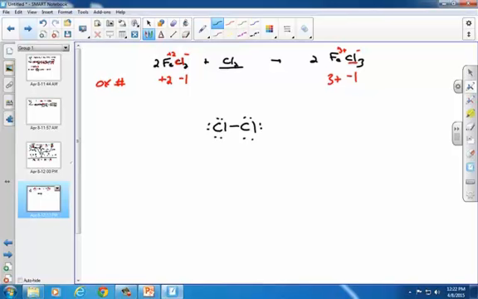So then, in this case, since the elements sharing have the same electronegativity, when I assign the electrons, I have to split them up evenly. Normally, for oxidation numbers, the more electronegative atom is going to pull the electrons, and I would assign all the shared electrons to the more electronegative atom. But in this case, they have the same electronegativity. So if I'm assigning electrons, I would assign them evenly to both atoms. And since chlorine is in 7A, and there are 7 electrons assigned, its oxidation number is 0.